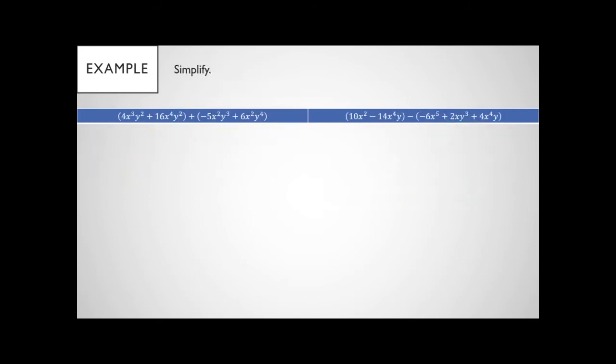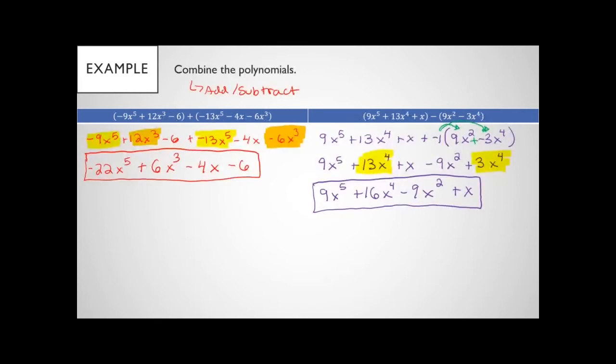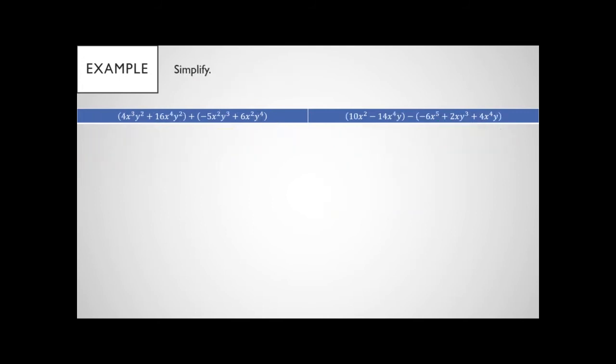Okay, so I'm going to do a couple more examples, and notice I'm changing the directions here. I'm doing this specifically because in math we have a lot of directions that mean the same thing. The previous slide said combine the polynomials, which we're saying adding, subtracting. Here it's not telling us it's polynomials. All it says is simplify.